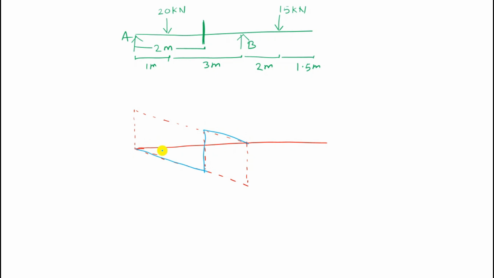We have created the influence line diagram for the simply supported beam only, and now we have to draw the overhanging part. So what we have to do? We have to extend this line up to the end point of the beam. So this is the influence line diagram for shear force.